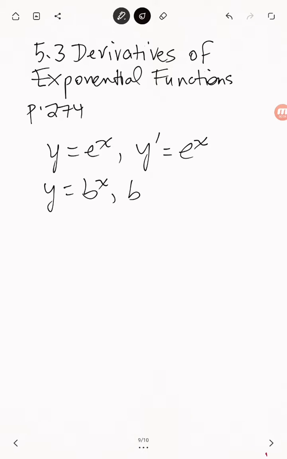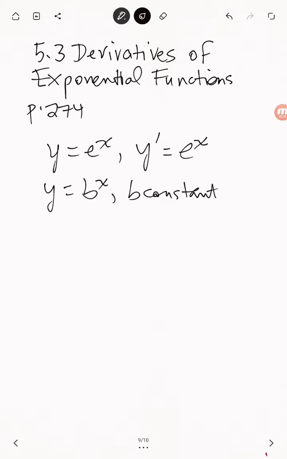It's 5.3 derivatives of exponential functions time. So from your list that you just made in the lesson, hopefully you made it because you need it, you should have a derivative for y equals e to the x, and that is y prime equals e to the x, same thing, as well as a derivative for y equals b to the x, where b is constant.